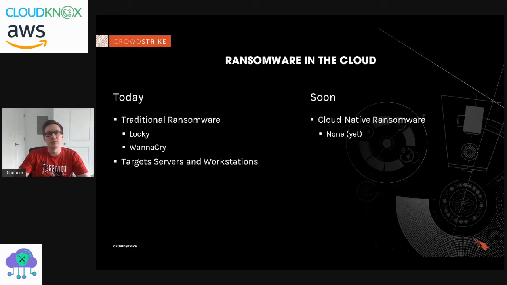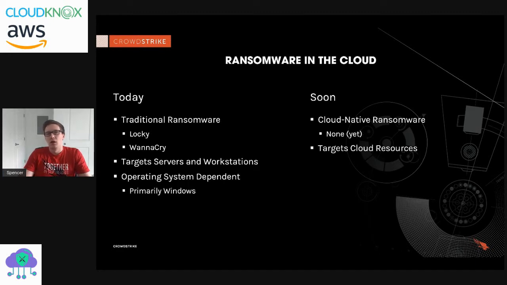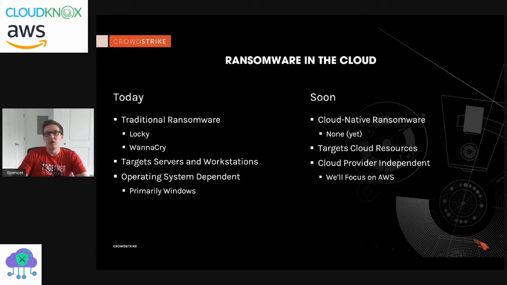So traditional ransomware typically targets servers and workstations, while cloud ransomware would be targeting cloud-native resources. Traditionally, they're operating system dependent, with primarily Windows and Active Directory environments being targeted, whereas in the cloud, it's going to be cloud provider independent.